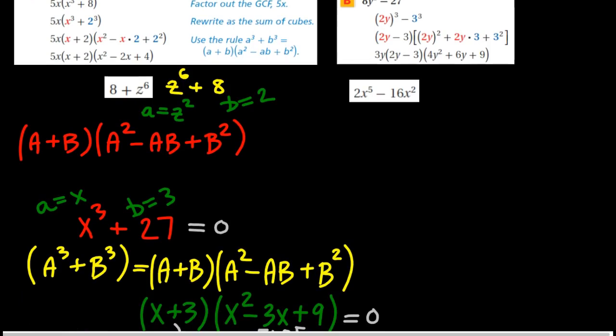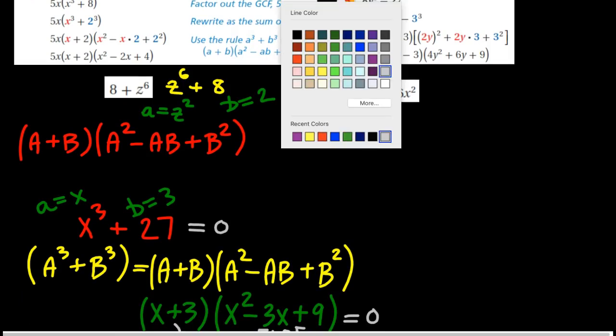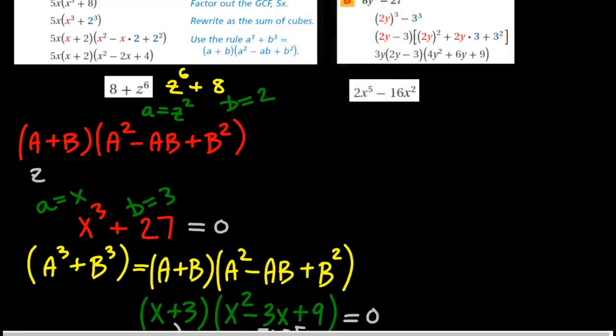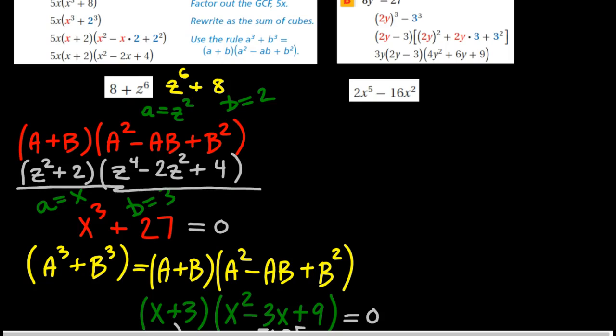So now z squared is going to be our a, so this is z squared plus 2. And then what's left, z squared squared, what's z squared squared? Z to the 4th minus 2z squared plus 4. So there, that one's just a little more complicated.